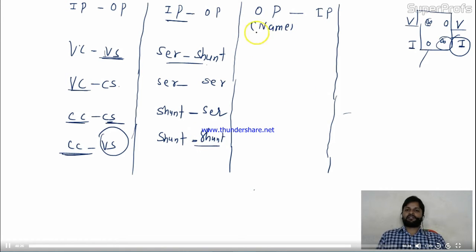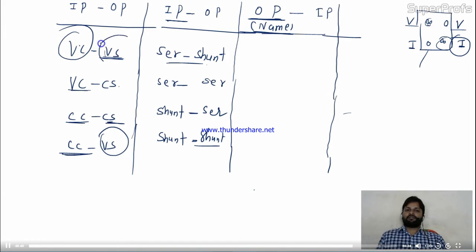Okay friends, now let's come to this topology, where the name is given in this way also. First I'll take the output and use the name of the output. Output is voltage. So here I'll write the output: voltage, and here is the input, which is series.